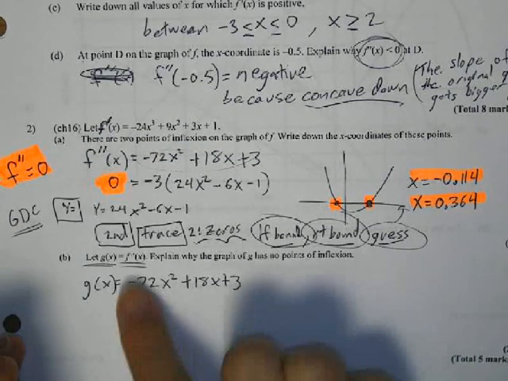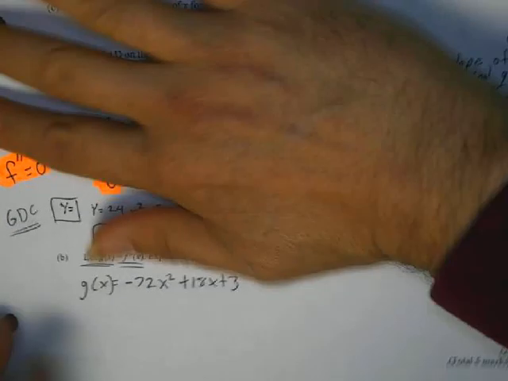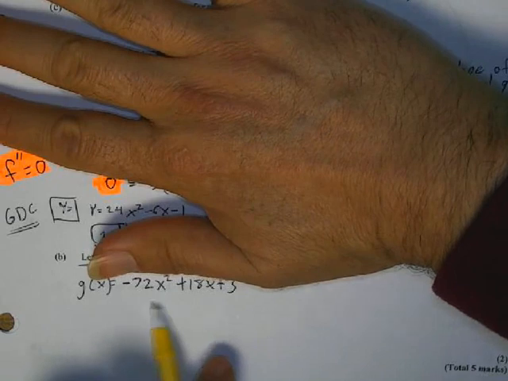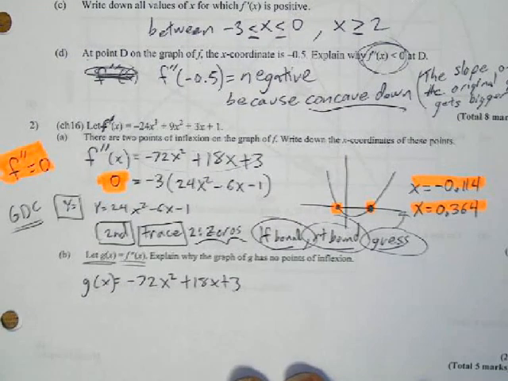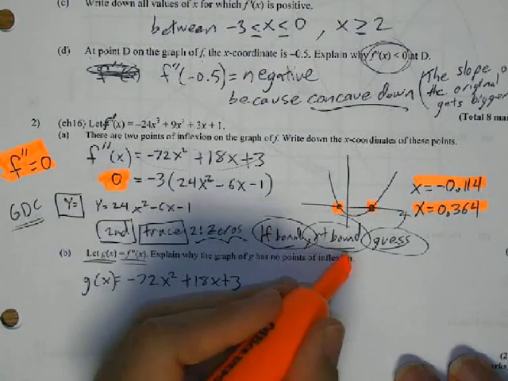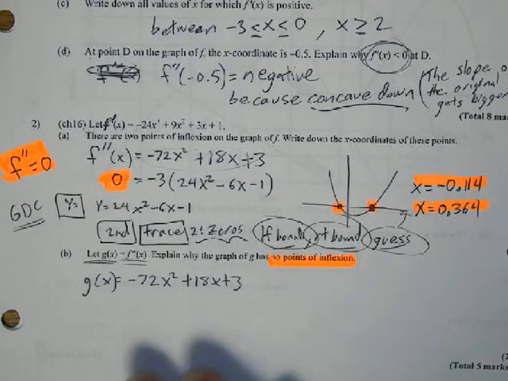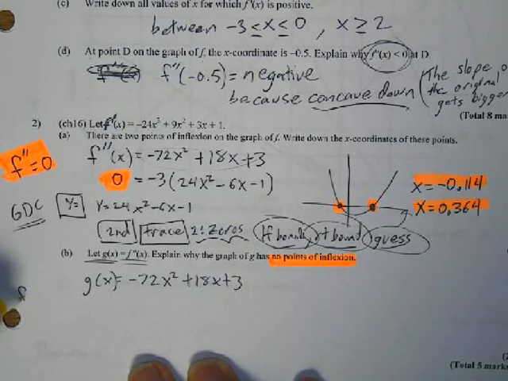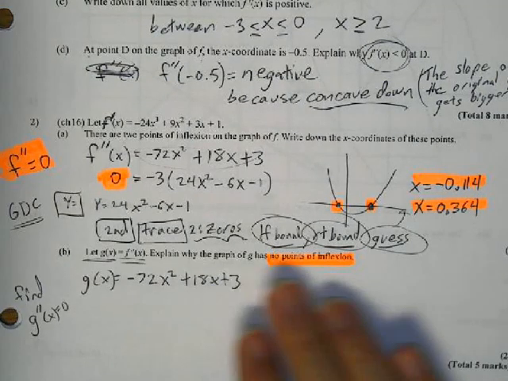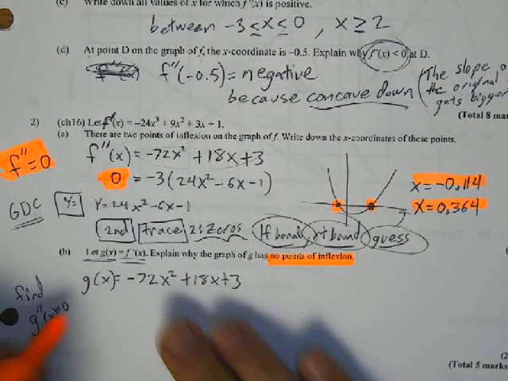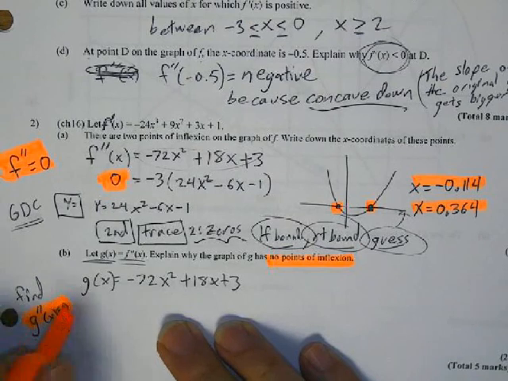So explain why this graph here doesn't have an inflection point. To figure out inflection points, we need to make the second derivative equal to 0. So we're trying to find when the second derivative of g of x equals 0 to show that g of x, this graph here, doesn't have an inflection point.